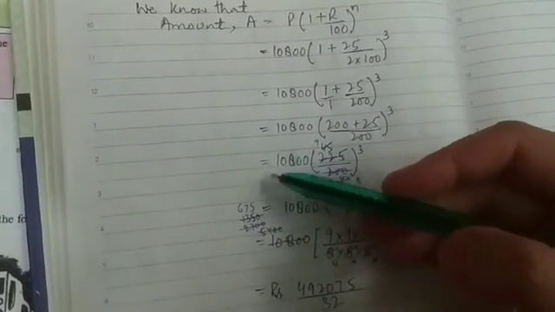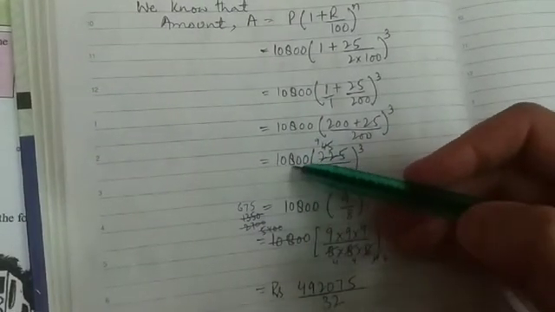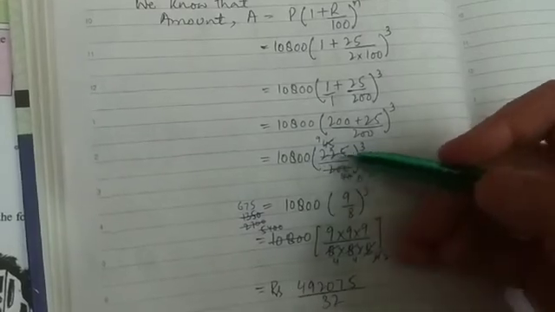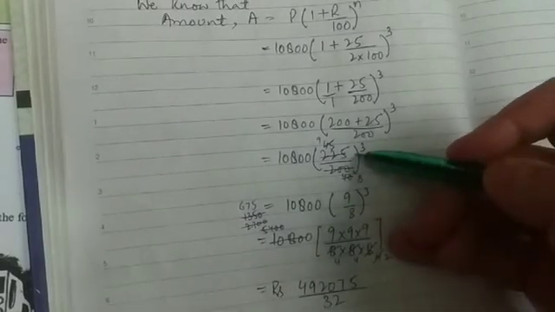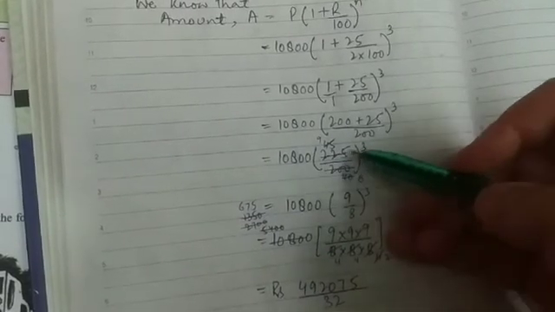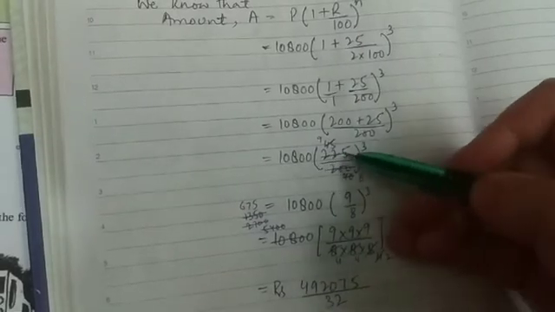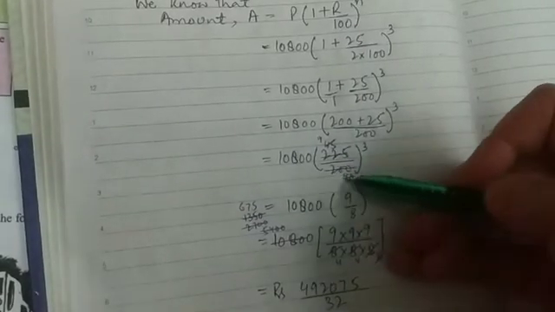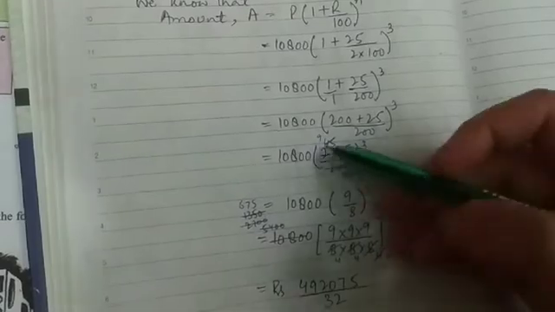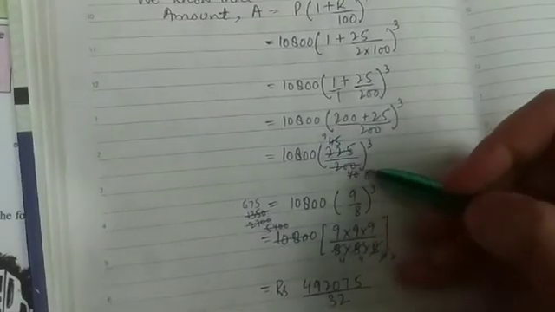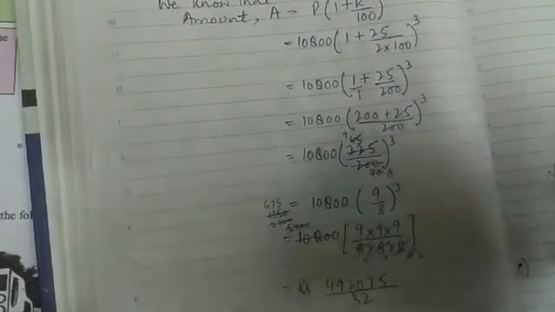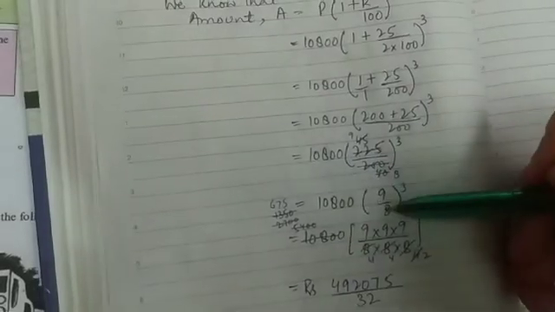Now the next step will be 10800 into 225 upon 200 whole raised to the power 3. Now dividing it by 5, it's 5 into 45 is 225, and 5 into 40 is 200, then 5 9s are 45 and 5 8s are 40. So the answer is coming out to be 9/8.